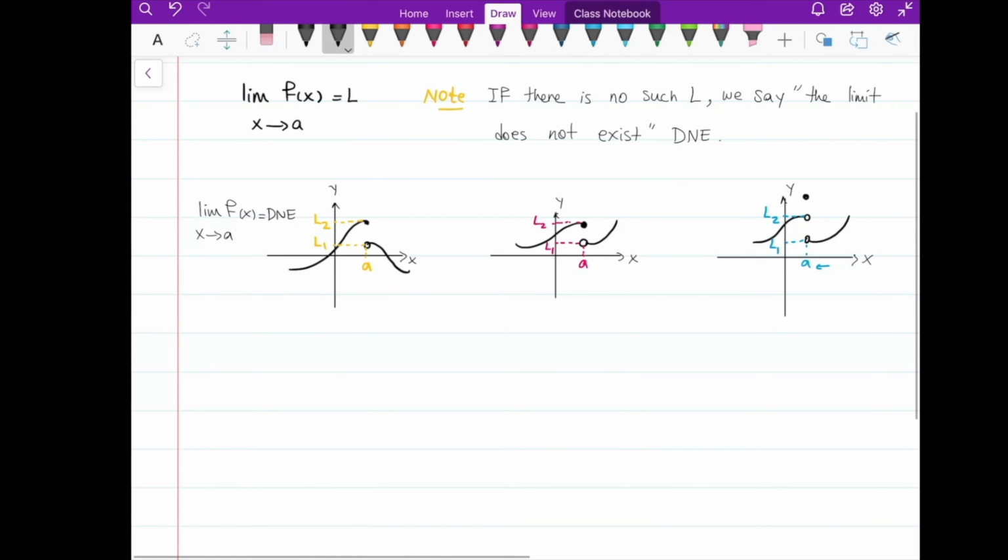Let me give you another example. The example is asking to find the limit of sine of 1 over x as x approaches 0. Okay. As I explained in the previous video, we can use a table, we can use a graph, or we can solve it algebraically.